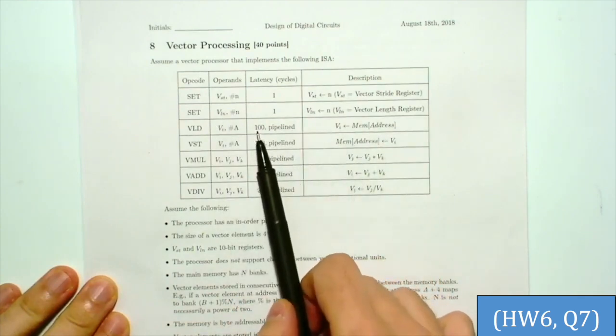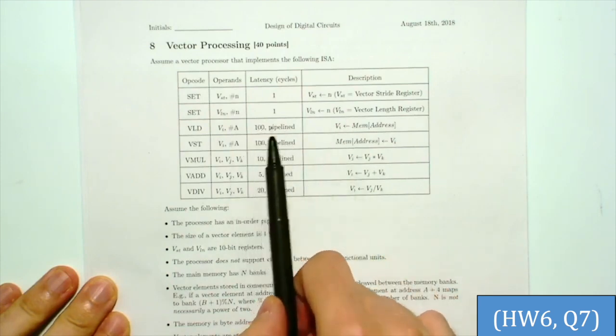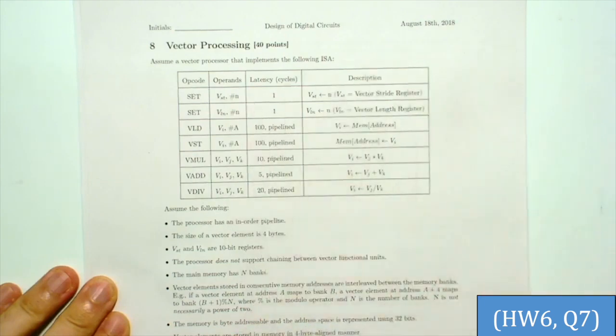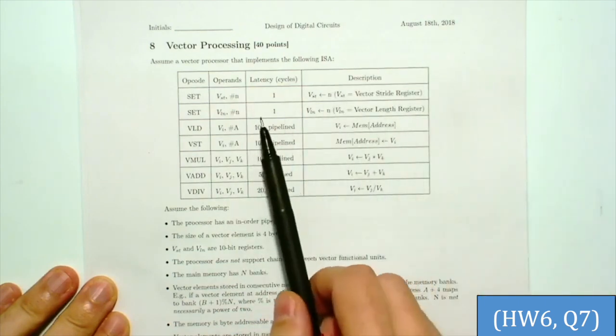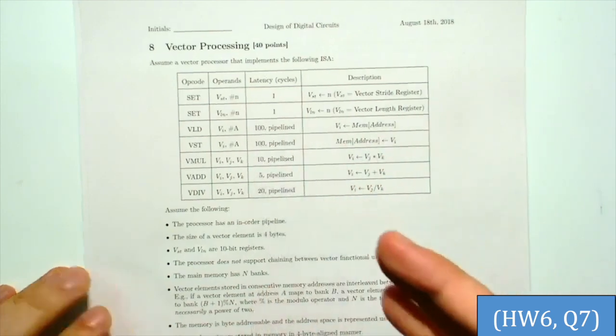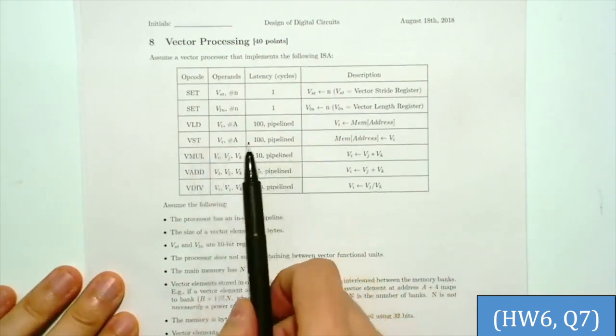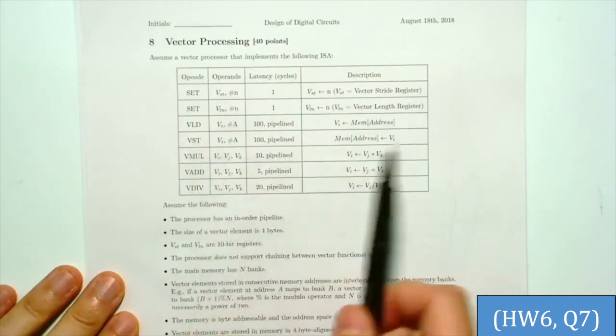This takes 100 cycles and is pipelined, 100 cycles per load. So if we have a vector length of 100, we will have 100 latency per load, but they are pipelined. We can initiate one per cycle. The same for stores. We have 100 latency, pipelined.